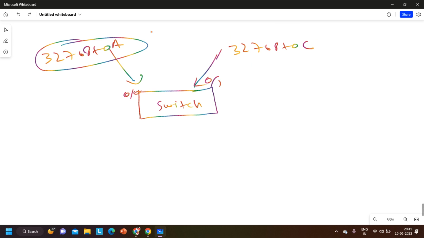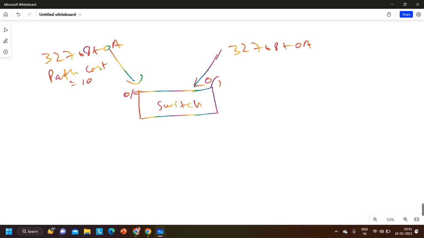Is it clear, guys? Yes, sir. Now the question is, suppose here also the root bridge ID is 32768 plus 0A, and here also the root bridge ID is 32768 plus 0A. This time the root bridge is the same. Yes or no? Then what is it going to check? Path cost. It is going to check the path cost, the cost to reach the root bridge.